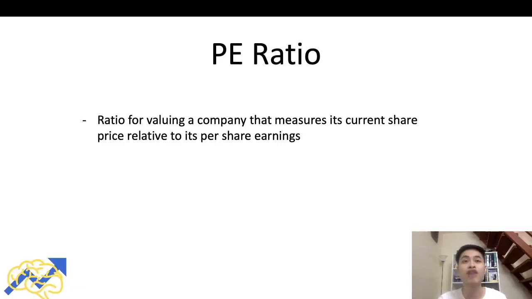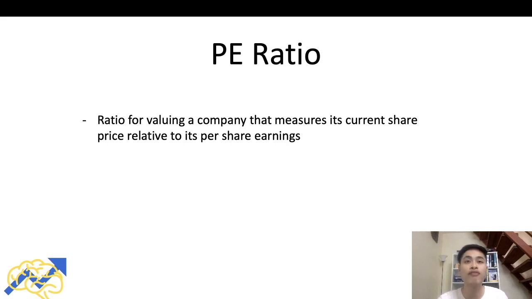So the PE ratio of a company is defined as the ratio for valuing a company that measures its current share price relative to its per share earnings. You can easily get a company's PE ratio with a quick search on Google or on the many financial websites available out there. While these numbers are readily available to us, we still want to know how to derive the PE ratio of a company so that we can better understand and interpret what the PE ratio of a company means.